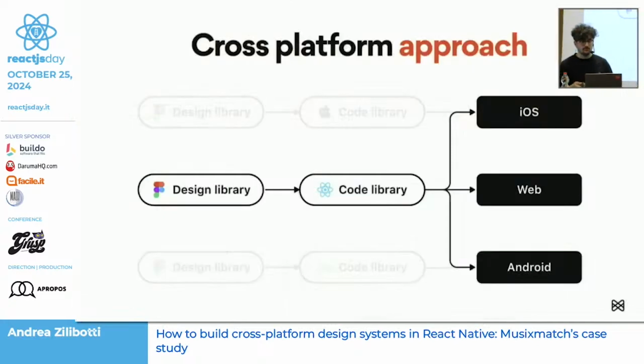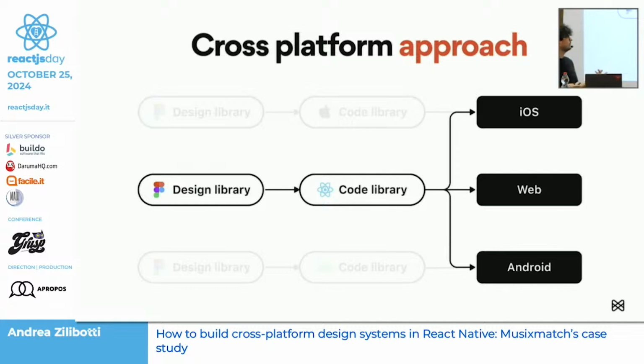By definition, what does it mean to have a cross-platform approach? It means to have essentially one code library supported by the design library who can ship the code on iOS, web, and Android. Now it's the slide. I don't know if you can see it, but here and here there are what are in reality multi-platform design system, which may sound similar, but it's not the same.